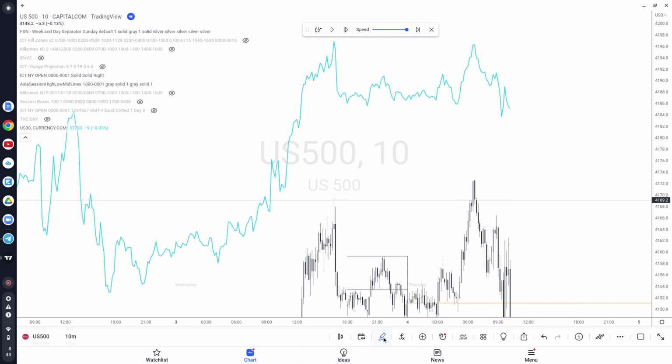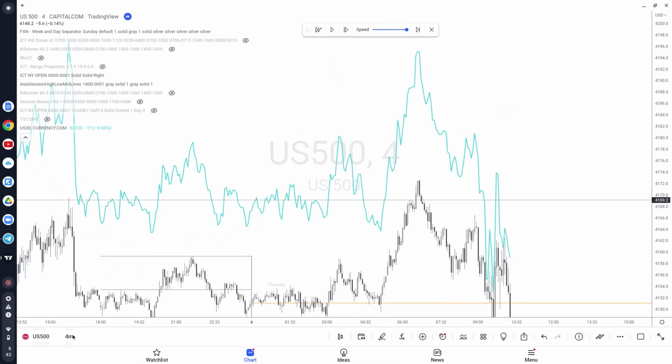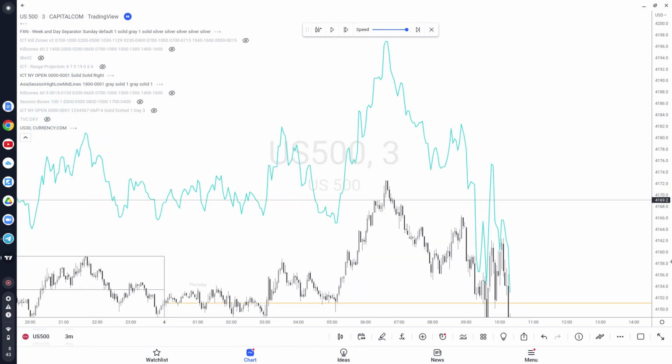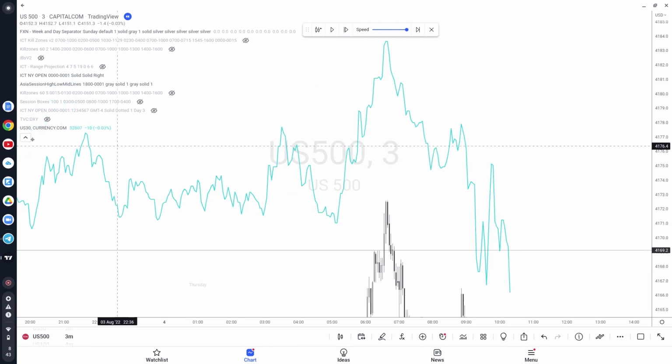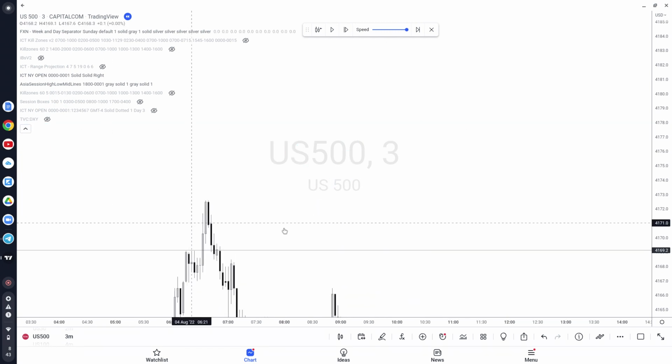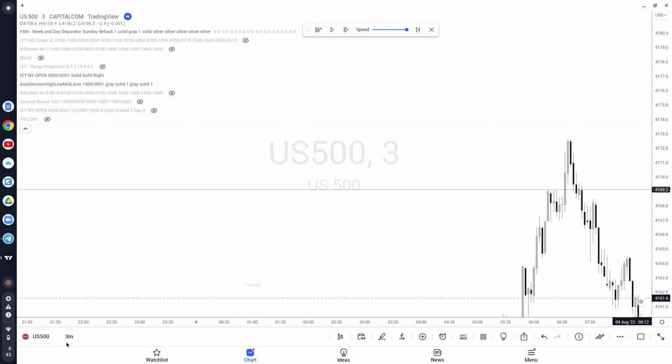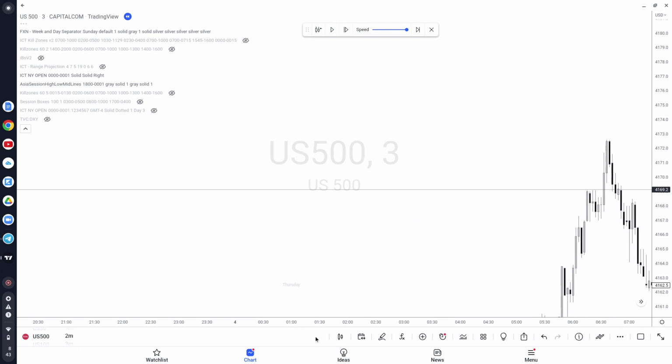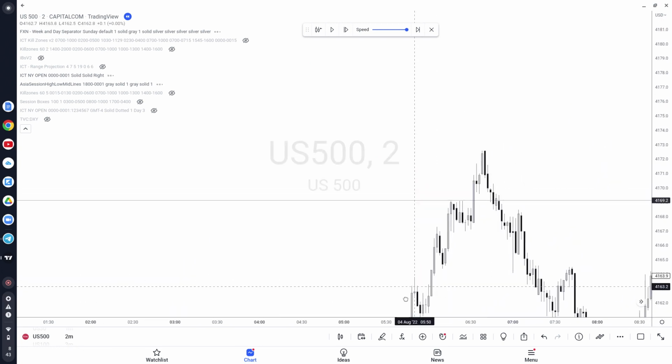Once we see that, we look for reason to enter short. And you can literally build a trading model around daily or weekly or even session liquidity sweeps.